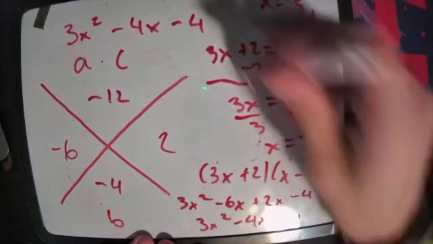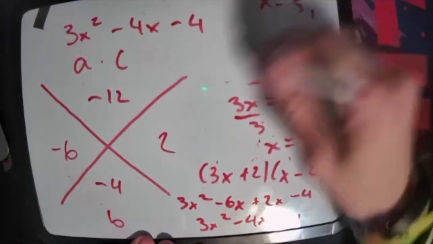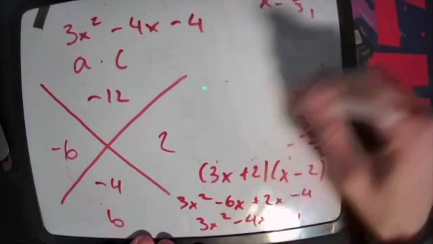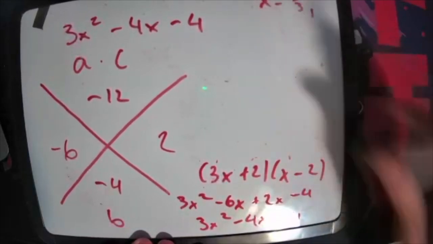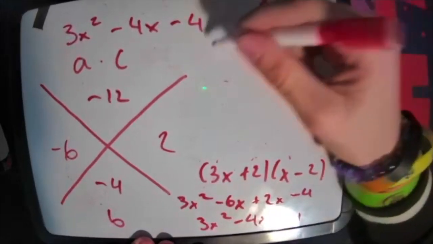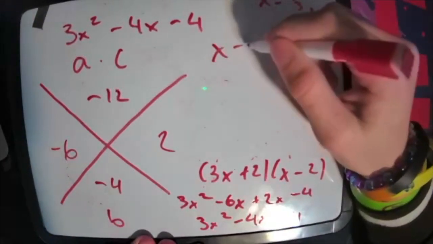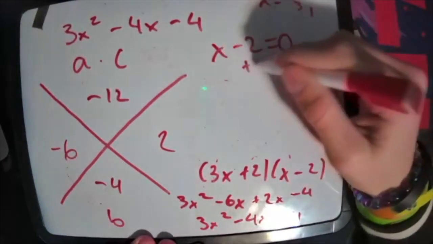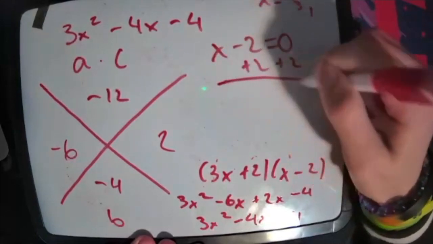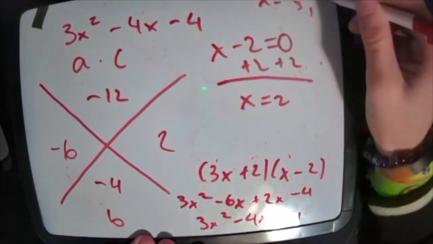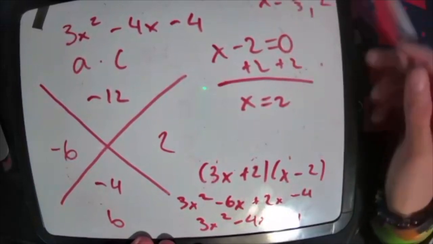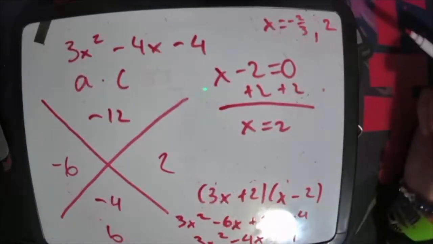Okay, let's just erase that to make more space. So now we have x minus 2. Let's set that to 0. Add 2 to both sides. So x is equal to 2. So those are our two zeros, negative 2/3 and 2.